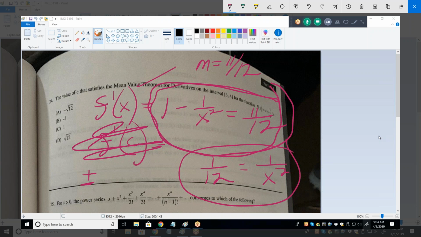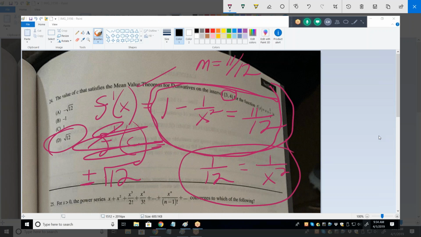Well, you get plus or minus root 12. Now, they've got a -1 and a +1, which is our answer. Well, it's whichever one's on the interval from 3 to 4. Exactly, which is the +1. It's definitely not the -1. That'd be D. That'd be D, correct.